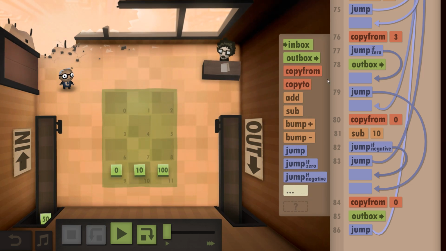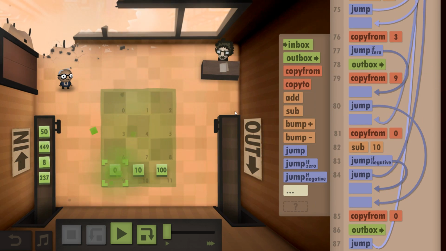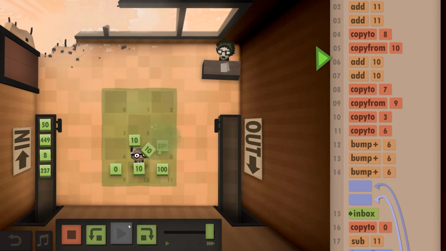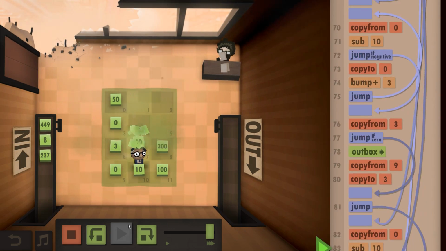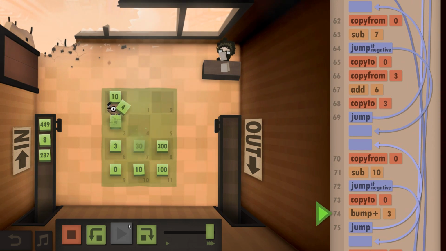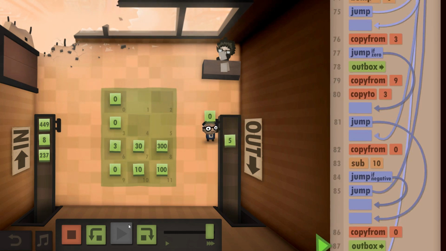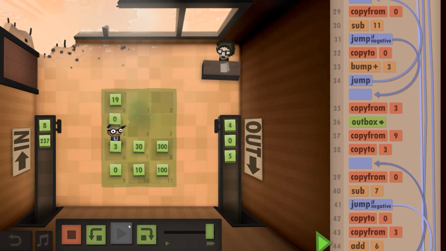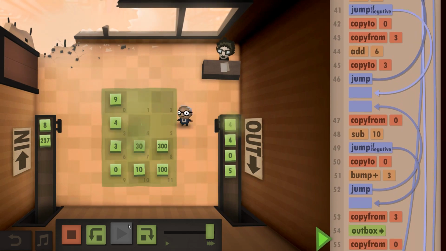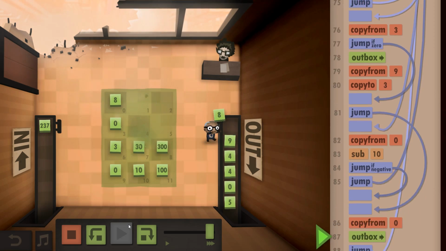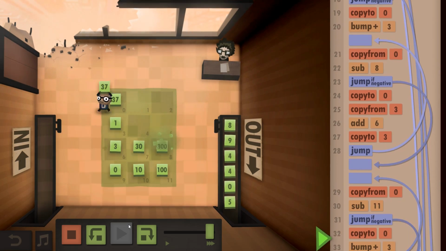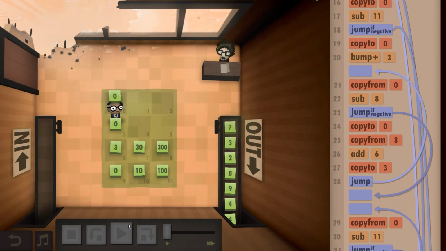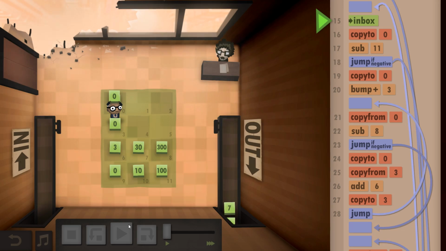So what I need to do is copy from, copy to. Let's just see it around again. I don't know. This is not good. It doesn't feel good. I don't think this is a good solution. It's a different solution. It might be the right track, but I think this particular implementation of the idea to subtract larger numbers is not a very good one.